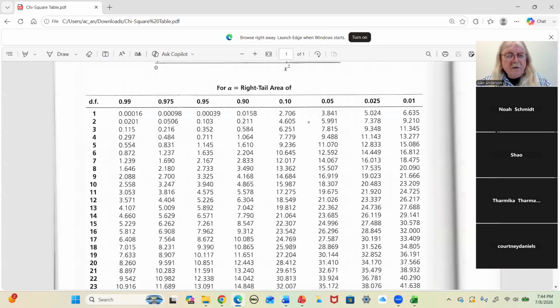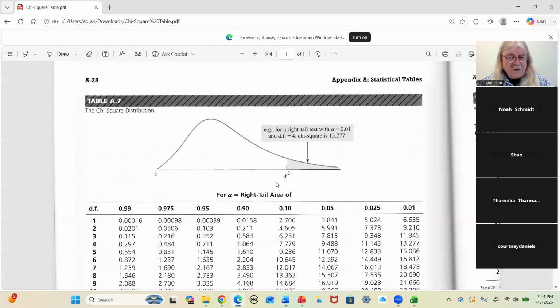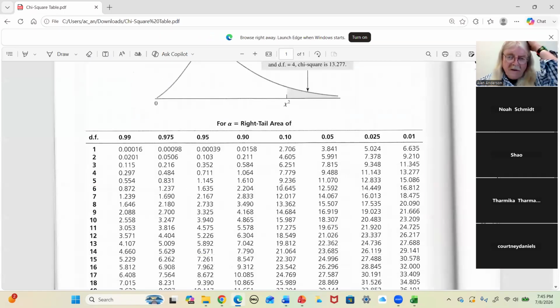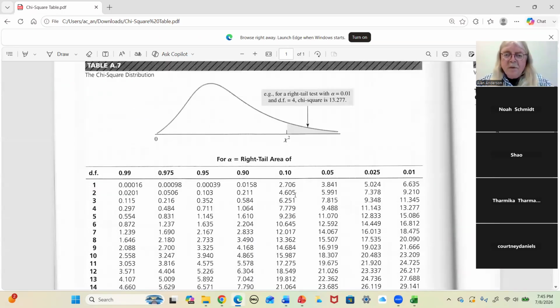And then we have, so the example was, what was it, 4 degrees of freedom. So the entire curve is a result of it being 4 degrees of freedom. In other words, there's one curve for each degrees of freedom. And the tail area that they're looking for is 0.01.